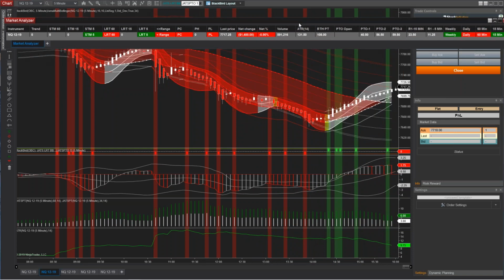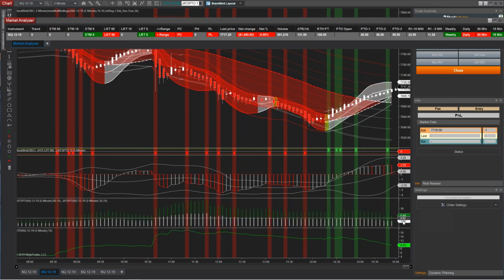So we'll know what our PTO 1-2 target is for the session that we're trading, and then we take into account the PTO 1-2 and the overall ATR for the time period, and try to go in and capture 2 or 3 profit targets within each signal.